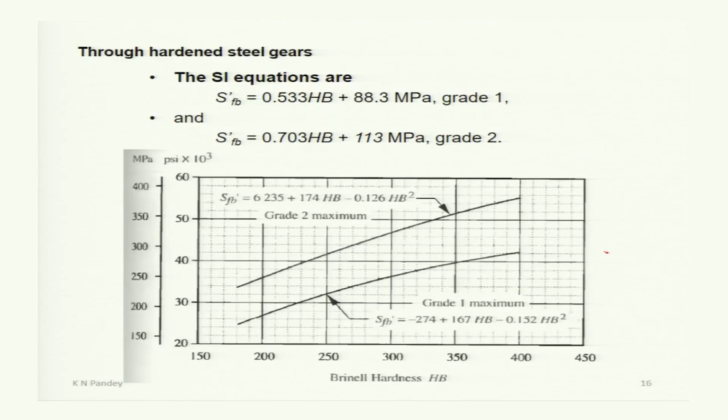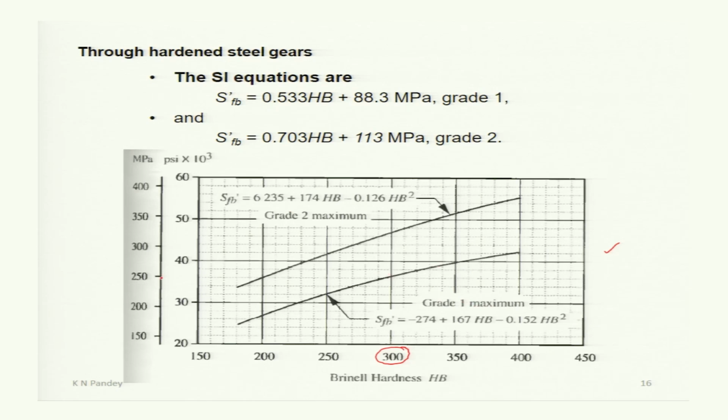Now, this is a graph for through hardened steel gear of grade 1 and grade 2. Knowing the Brinell hardness and knowing the grade of the steel, whether it is grade 1 or grade 2, you can find the SFB dash.